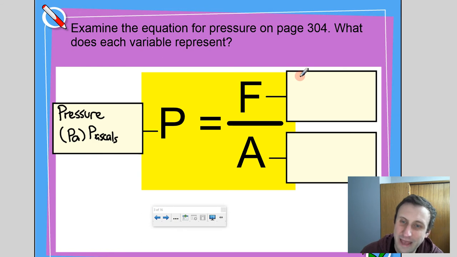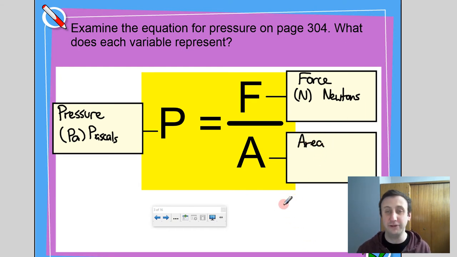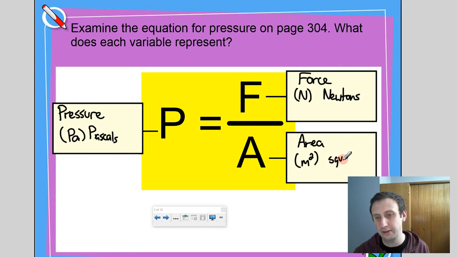And then we have F, which is, of course, force. You know the unit for this: it's newtons. And then A is going to be area. This is the area of a 2D surface, and that's going to be typically in meters squared, or square meters.